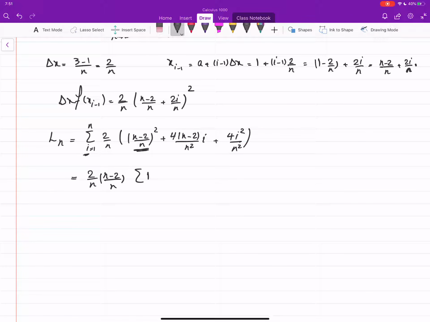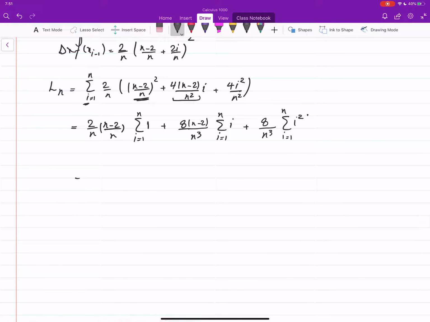And then we are summing over 1, i going from 1 to n, plus 2 over n times this piece, which is independent of i, so it will be 8 over n minus 2 over n cubed, sum of i's, i goes from 1 to n. And the last piece is 8 over n cubed, sum of i squared, i goes from 1 to n.